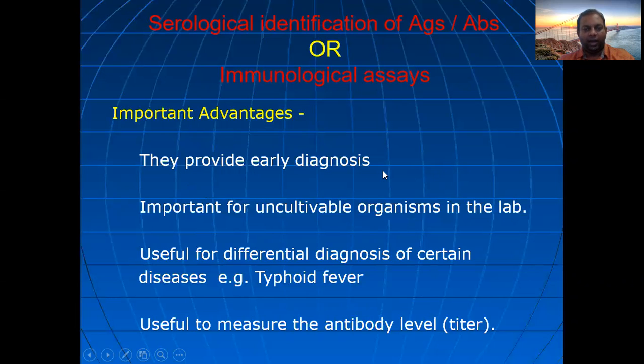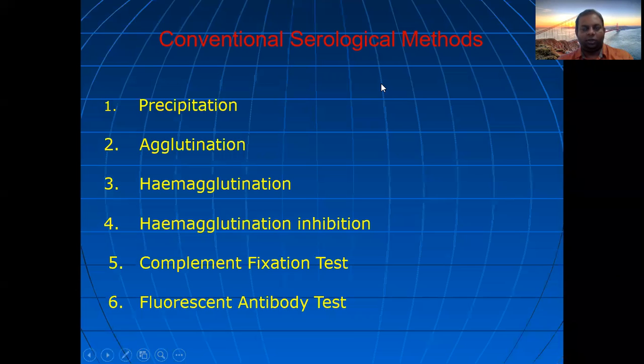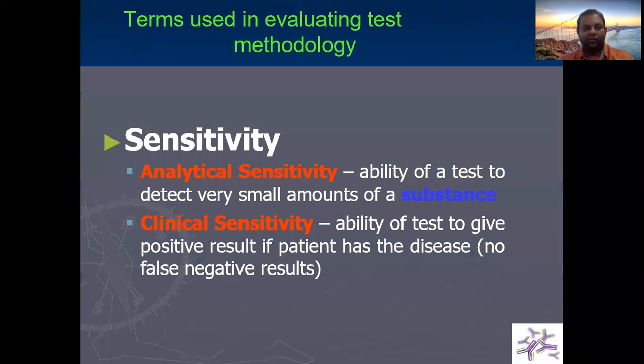They provide early diagnosis, important for organisms uncultivable in the lab, like mycoplasma and chlamydia, useful for differential diagnosis of certain diseases, useful to measure the antibody level. So there are conventional serological methods: precipitation, agglutination, hemagglutination, complement fixation, fluorescent antibody testing.